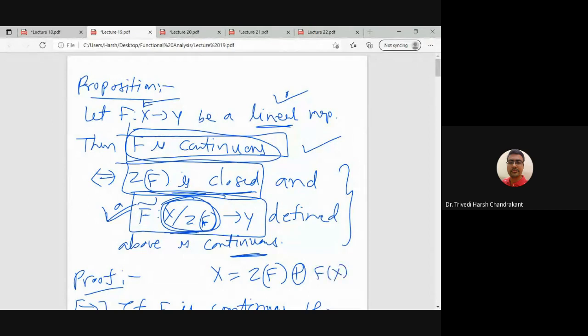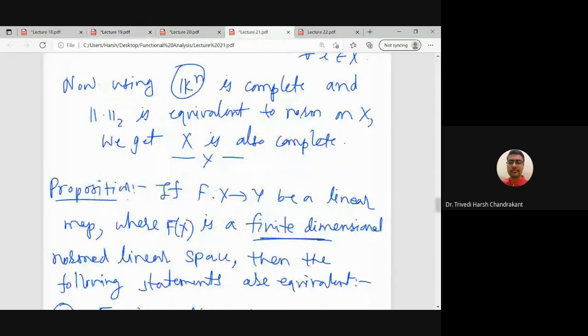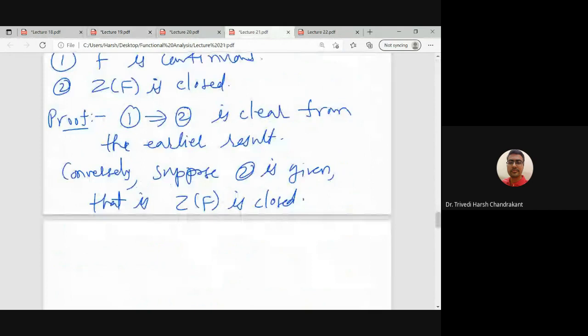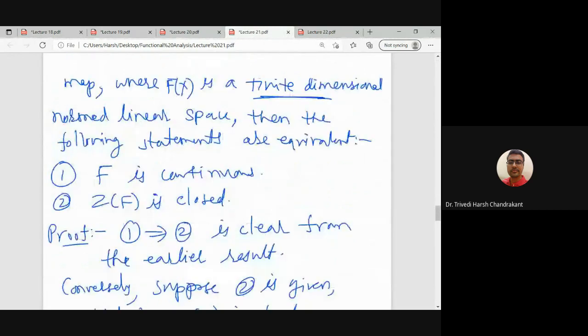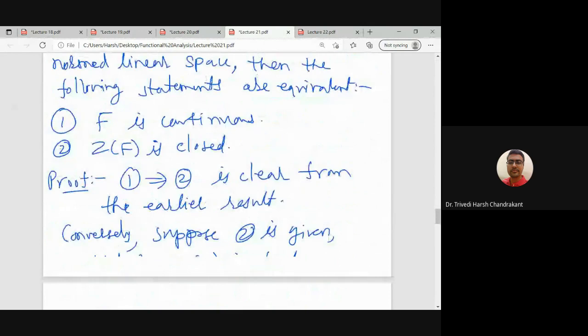Right. So whenever we assume that the range is finite dimensional, we can get that the quotient space is finite dimensional. So let us try to prove this. So suppose it is given that the range is finite dimensional, right?